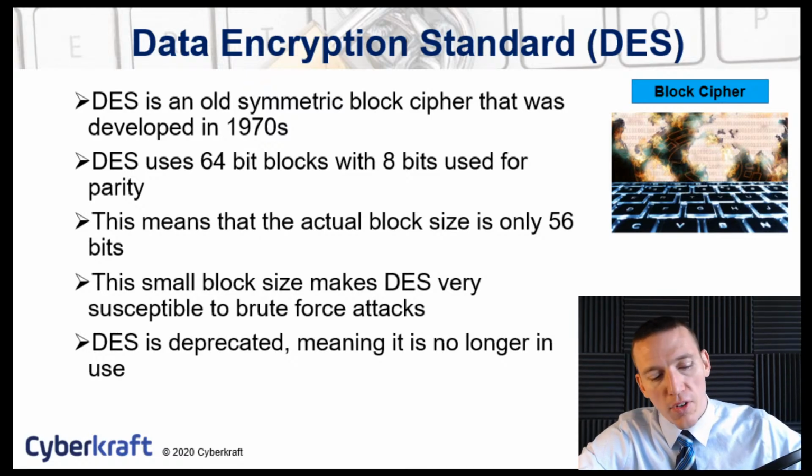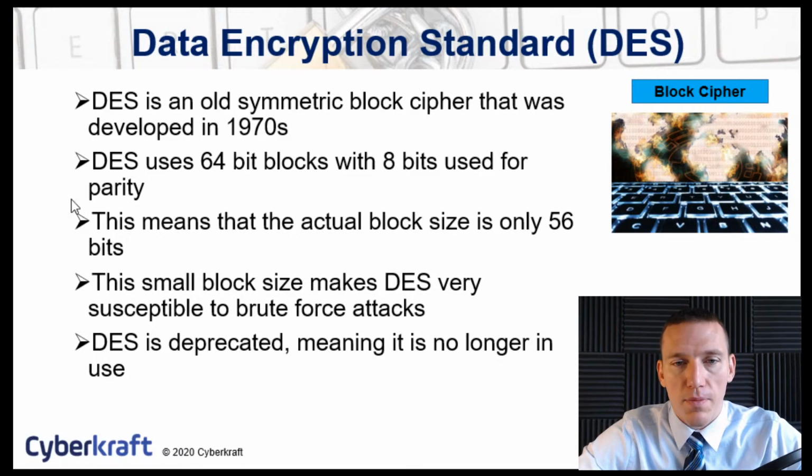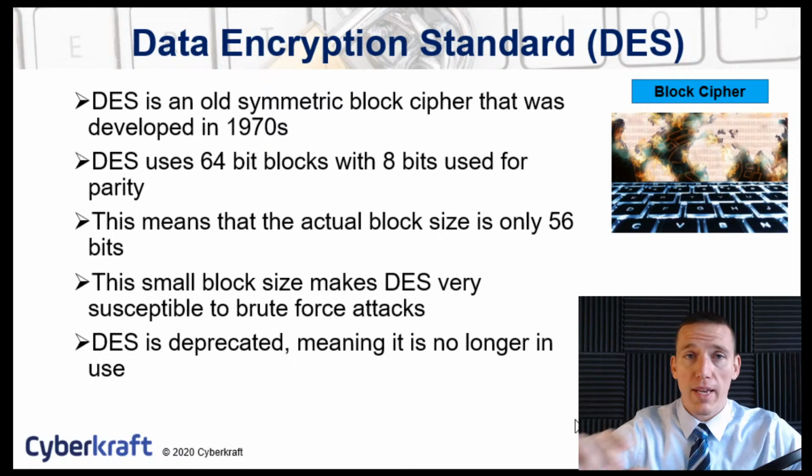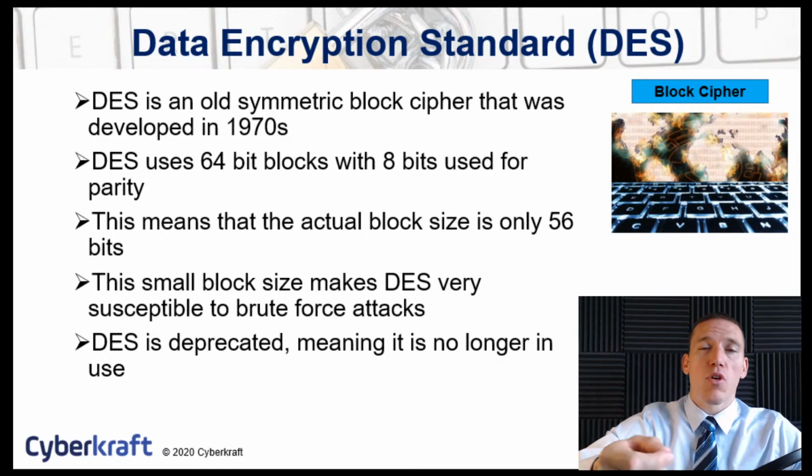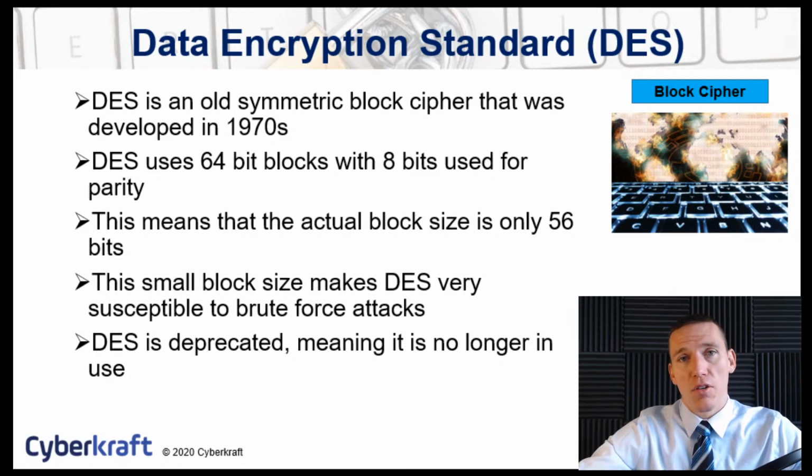We're going to talk about a couple different types of ciphers here. DES is a block cipher, and block ciphers work by encrypting data in blocks, as opposed to a stream cipher, which will encrypt bits as they enter a stream.